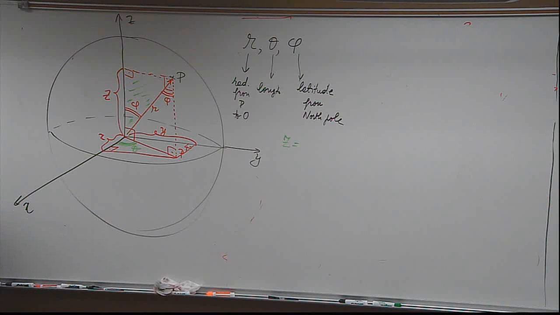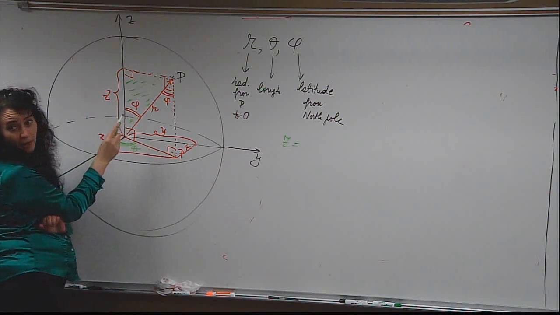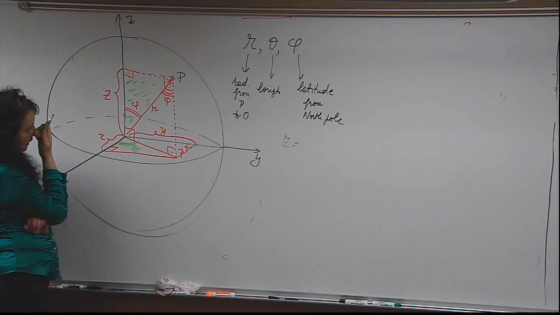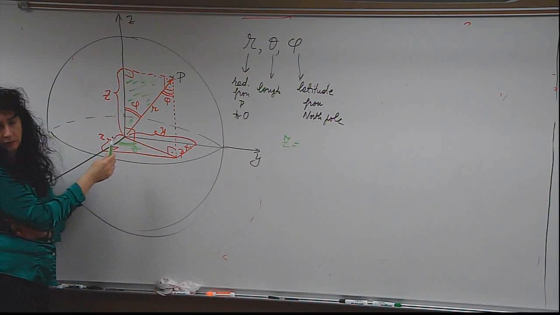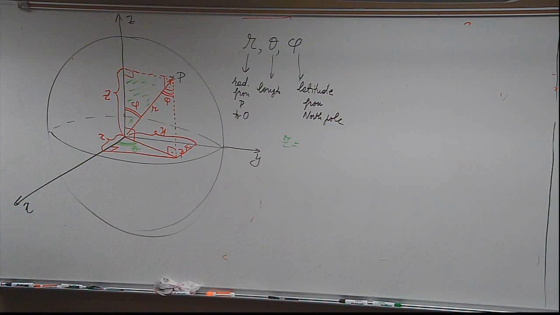What do you think z is going to be? I have an angle 90 in this triangle. I have an angle phi. And z is the adjacent. R is the hypotenuse. So let me write it down.